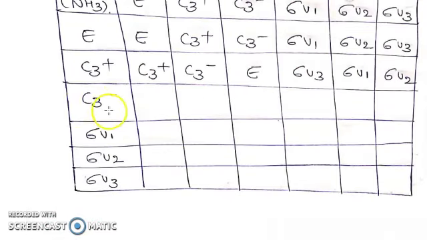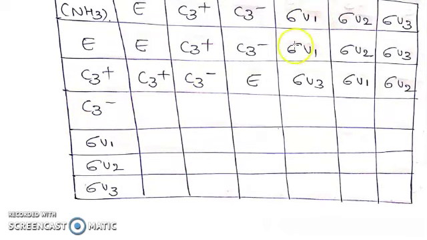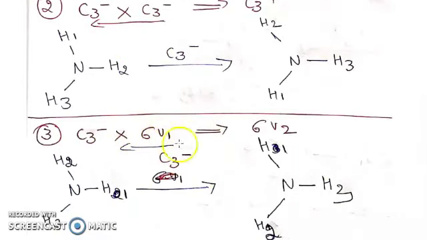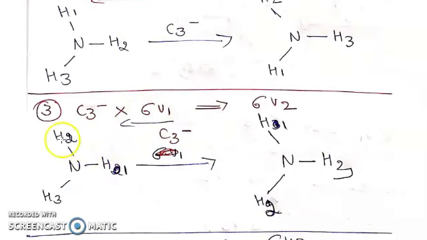Next is C3- into sigma V1. Sigma V1 means this molecule: second hydrogen atom, third hydrogen atom, first hydrogen atom. For this molecule, you have to do the C3- operation, a rotation by 120 degrees anti-clockwise.